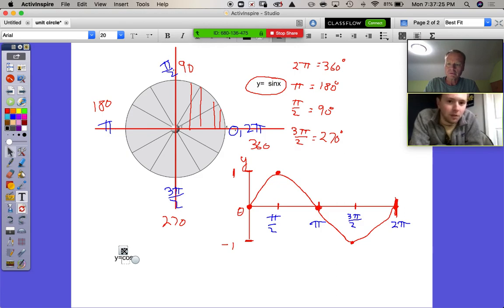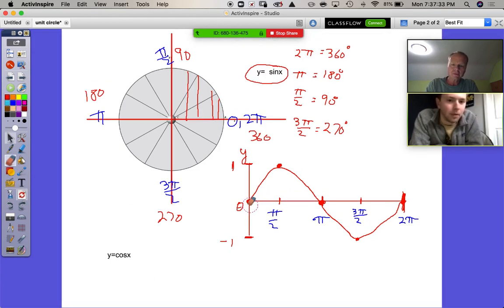Now it's a little bit confusing because we've got y equals sine of x and y equals cosine of x, so you have to keep that separated in your mind. But if you remember, cosine gives you your x coordinate, your x value, and sine gives you your y value on your circle. Keep that straight.